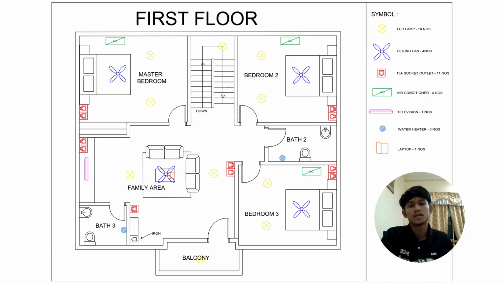They have three aircons, one in every bedroom, one television in the family area, two water heaters in bathroom 2 and bathroom 3, and also one laptop on this first floor. So that's all for the loads on the first floor.